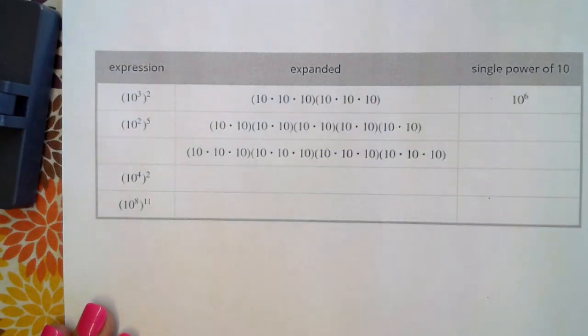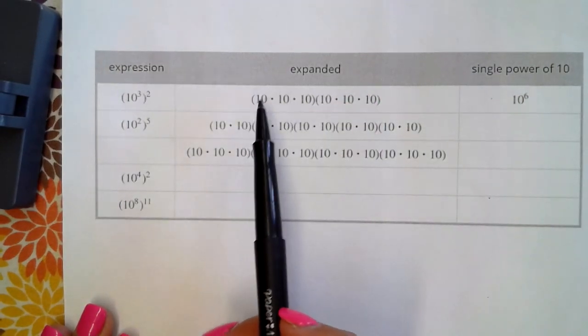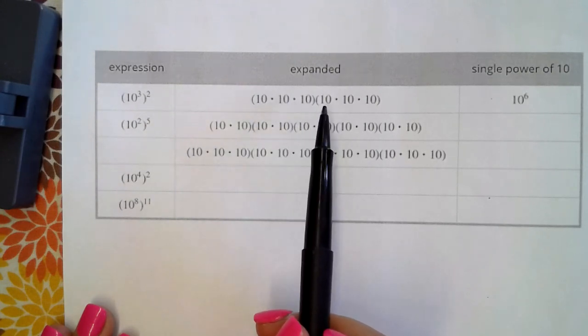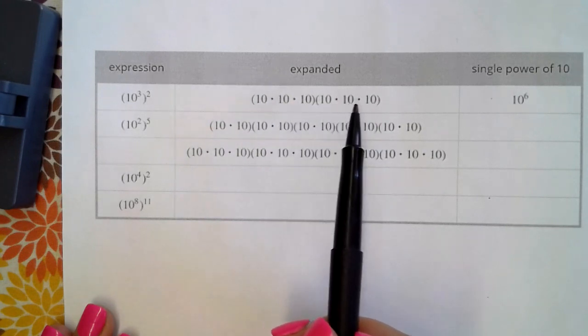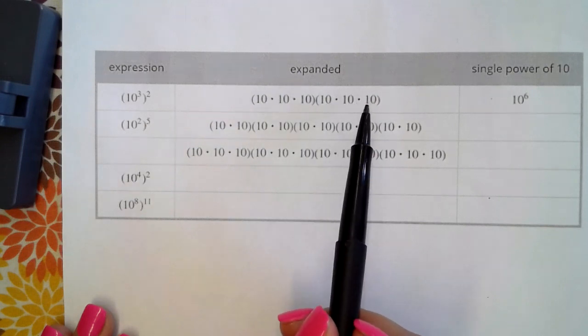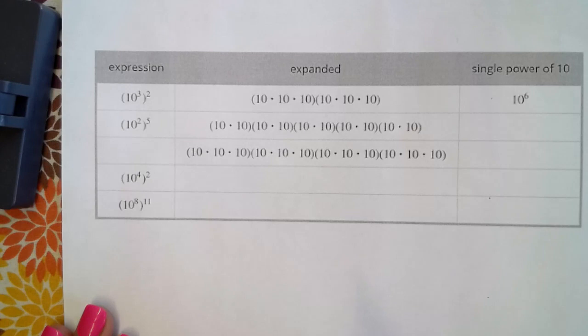Since we know multiplication can be written as the dot or parentheses next to each other, this is now 10 times 10 times 10 times 10 times 10 times 10. Since these are all repeated multiplication, I can count how many there are to write it more simply as 10 to the sixth power.